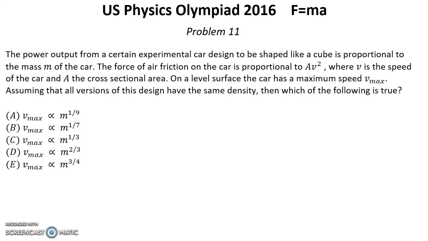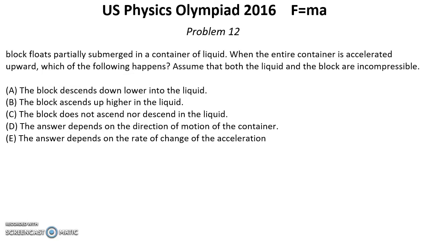On a level surface, the car has the maximum speed V maximum. Assuming that all versions of this design have the same density, which of the following is true? To which expression is V max proportional?